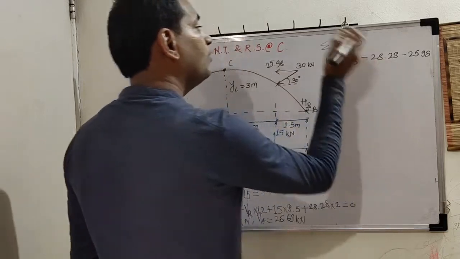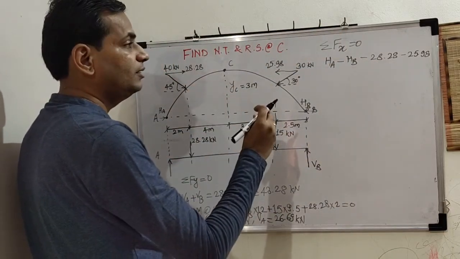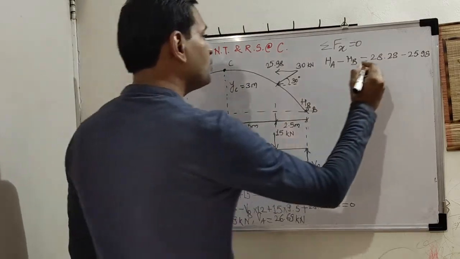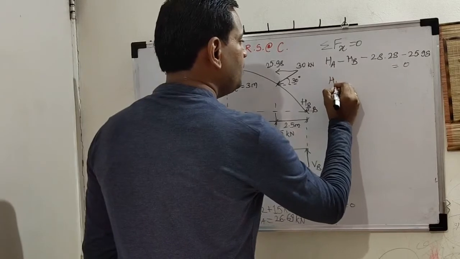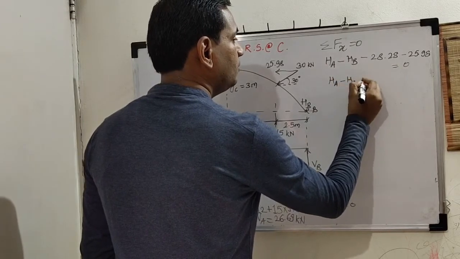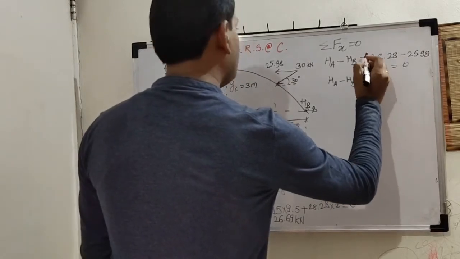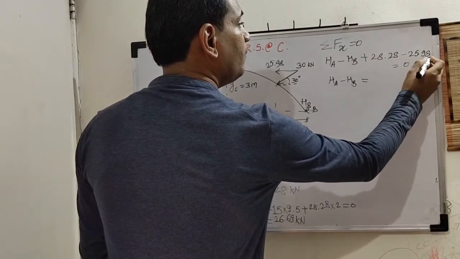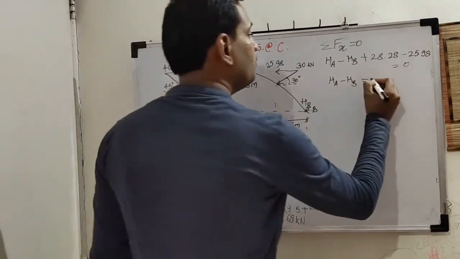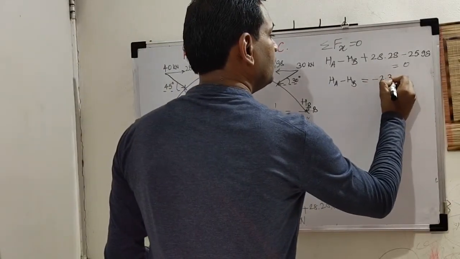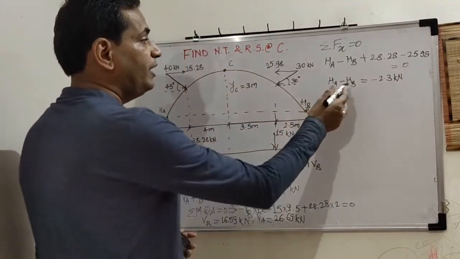We'll take all these on one side of the equation. So net summation of these forces is equal to 0. Okay. So HA minus HB is equal to, I think this is plus, 25.98 minus 28.28. So it is minus 2.3. Okay. And now we have to find HA and HB.